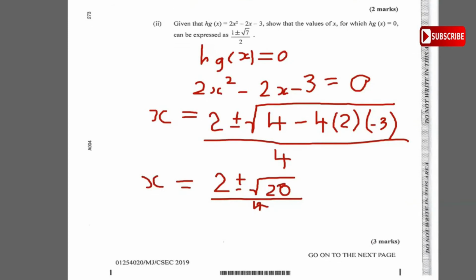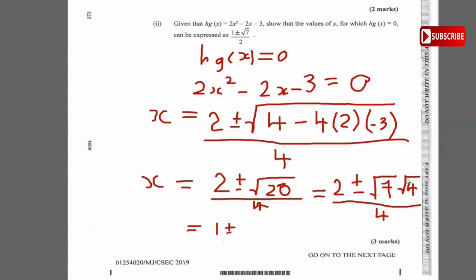So to use surds to simplify this, we can rewrite this as 2 plus or minus. Now this square root of 28 can be written as the square root of 7 times the square root of 4. That's how we can write that over 4. All right. Now, one thing we know is that when you divide, let's divide everything by 2. 2 divided by 2 is 1, plus or minus.